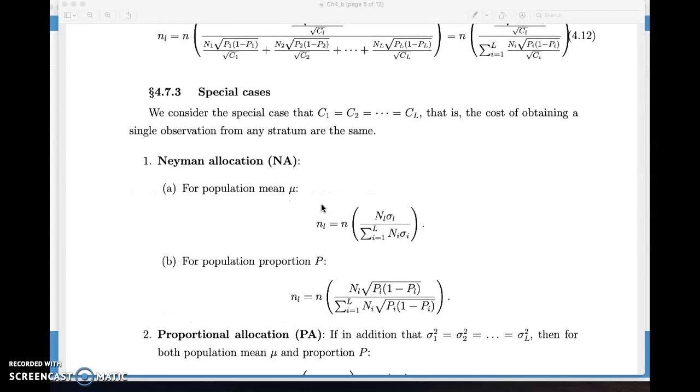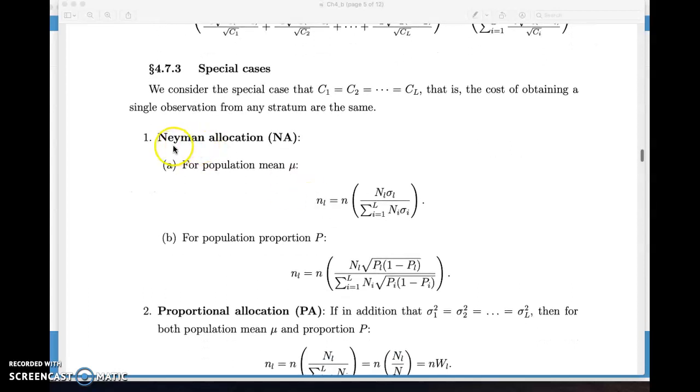Secondly, we have the Neyman allocation, NA. Neyman allocation just considers the population size, NL, and the variability sigma L as the factors. So we assume all the costs of collecting the observation are equal for each stratum.